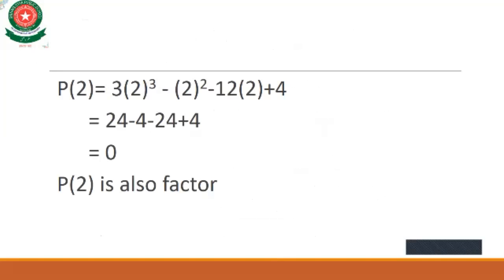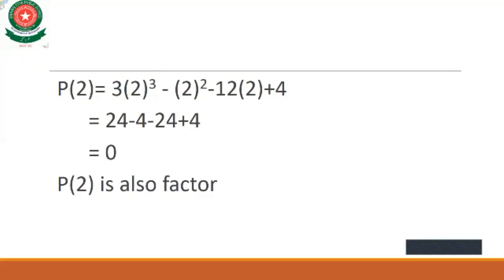So let's check for P of 2. When putting the value of x equal to 2, then 3 into 2 cube minus 2 square minus 12 into 2 plus 4. 2 cube is 8. 8 3s are 24, minus 2 square is 4, minus 12 2s are 24, plus 4.